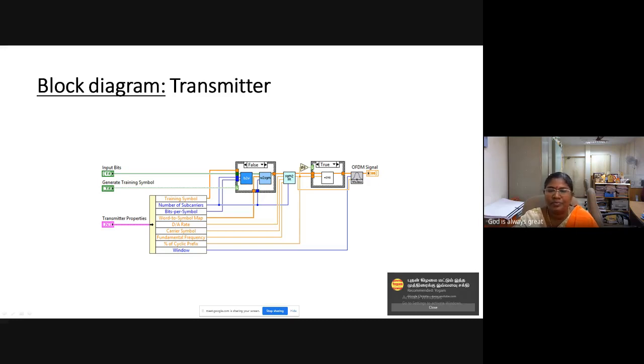These are all the input or transmission parameters that you need to specify. So this is what you are going to draw in the block diagram. Now you just go inside and see what each sub-VI is doing for us.